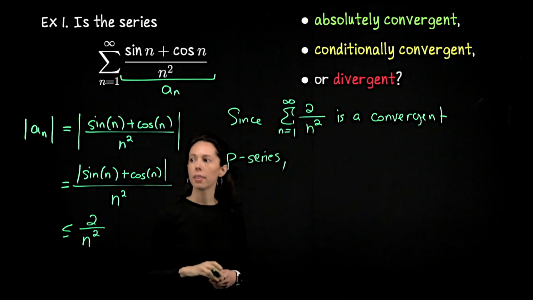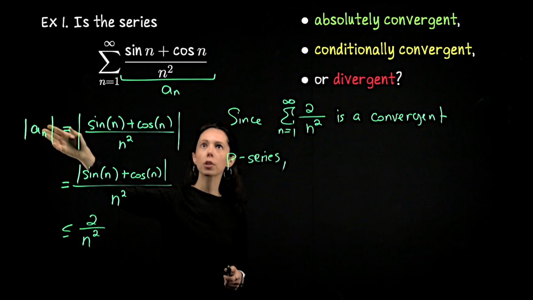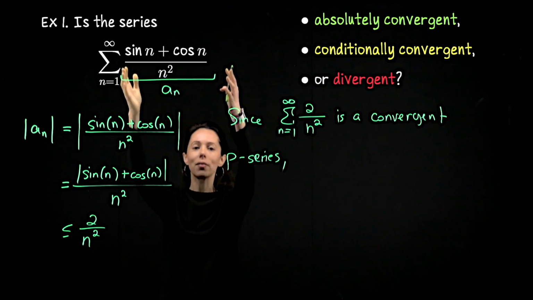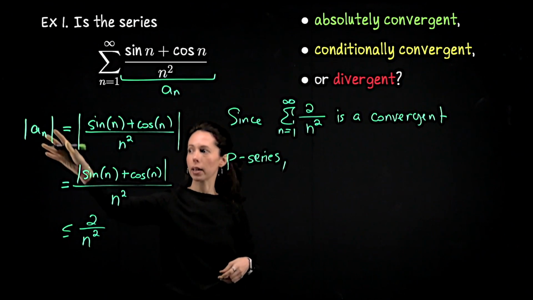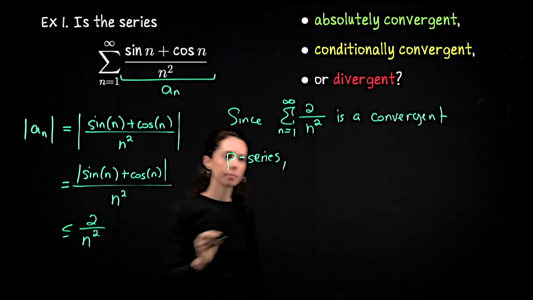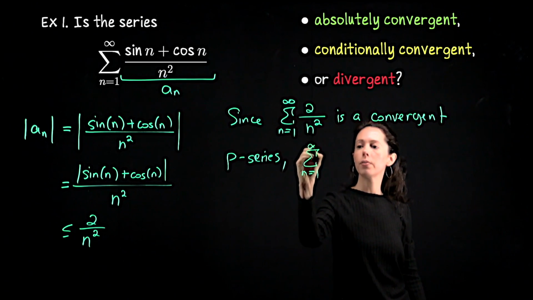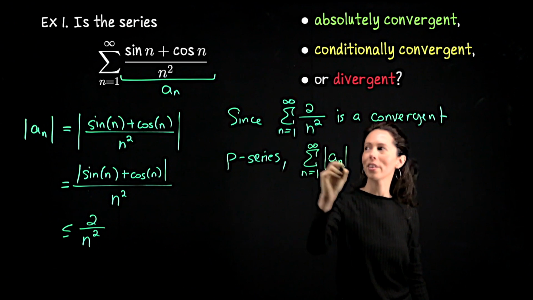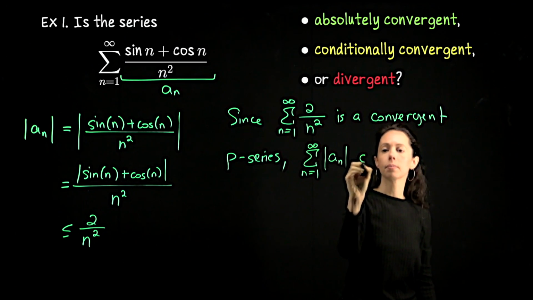That means that the series of terms which look like the absolute value of the sine of n plus the cosine of n divided by n squared converges by the ordinary comparison test because it's less than or equal to a convergent series. So let me just write the series going from 1 to infinity of the absolute value of a sub n rather than writing that whole thing. This series converges by the OCT.